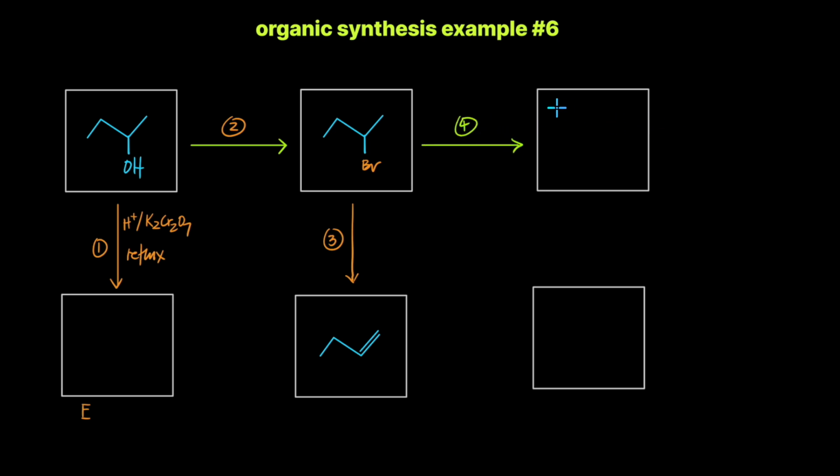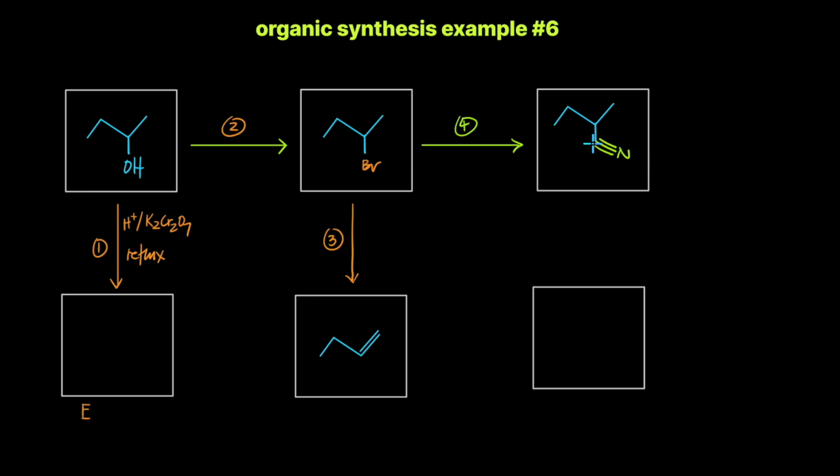I want to convert the Br into CN. So now that's a C, and I'll make a triple bond N. Sorry, that's the skeletal for CN.